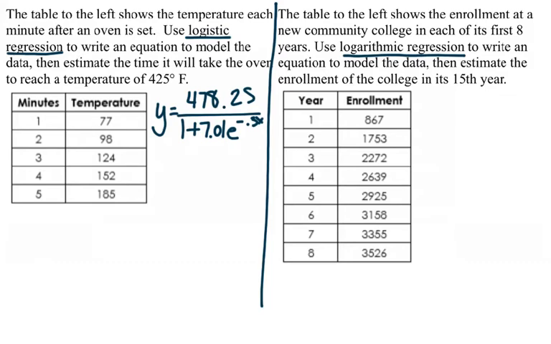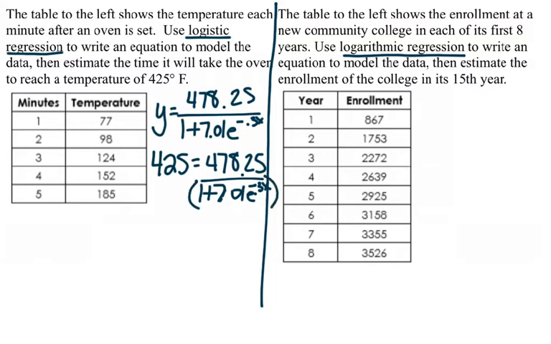So y is the temperature, so I'm going to replace y with 425. And now I'm just going to solve it like we have in previous lessons. My handwriting's getting worse and worse. Alright, so the first thing I'm going to do is multiply that quantity on the bottom to the other side.